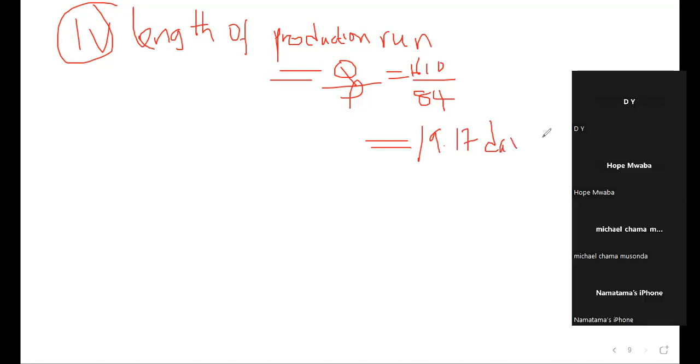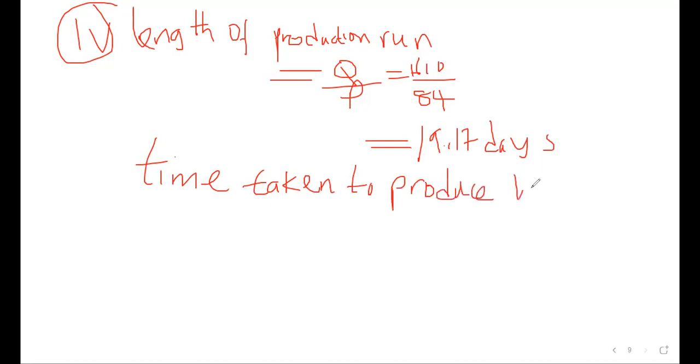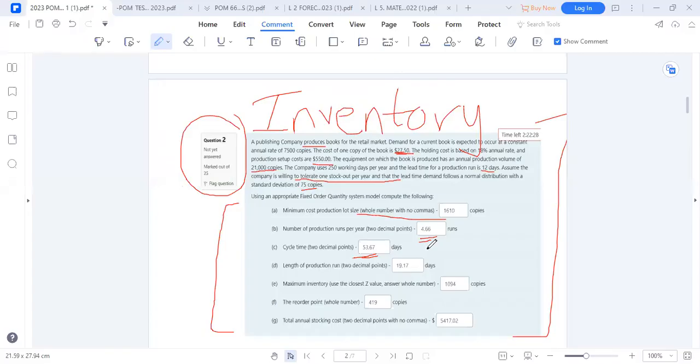So it's also called time taken to produce a batch. Time taken to produce the batch. These ones are just answers, but what we are doing now, these are solutions. So you need to know where they are coming from.